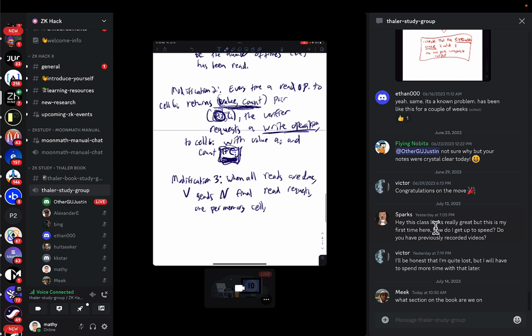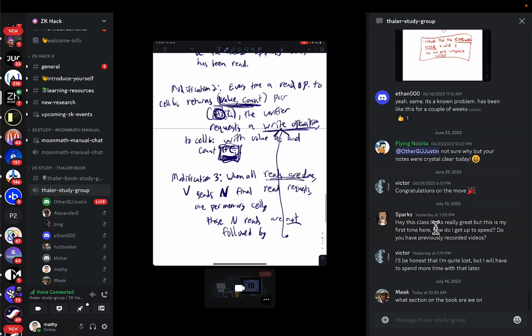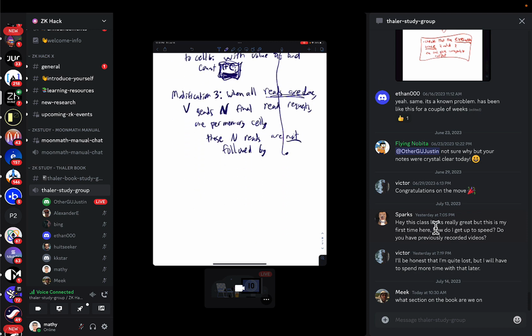The prover will return the claimed value count pair stored at each memory cell at the end of all of the read operations, and these final n read operations are not followed by additional write operations. Okay, so those are the 3 modifications. All right. Any questions?